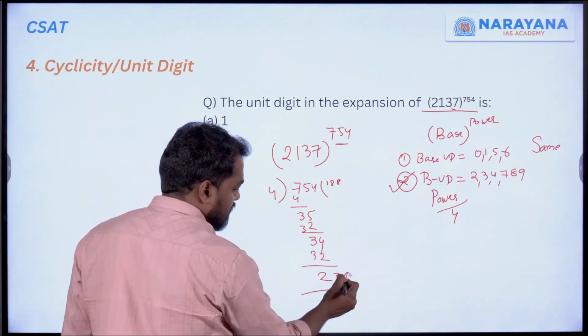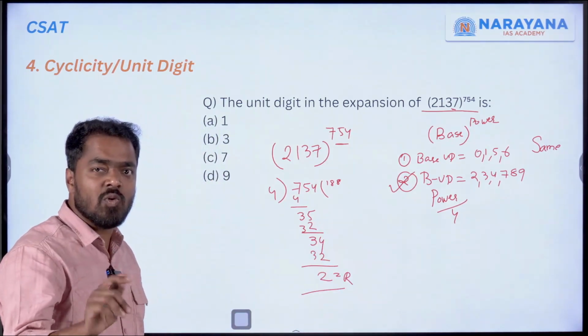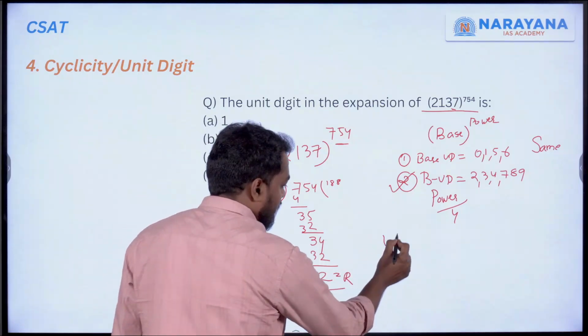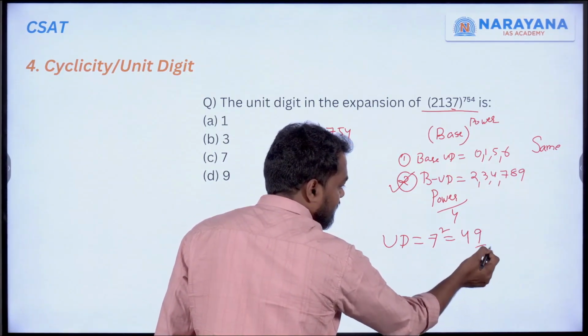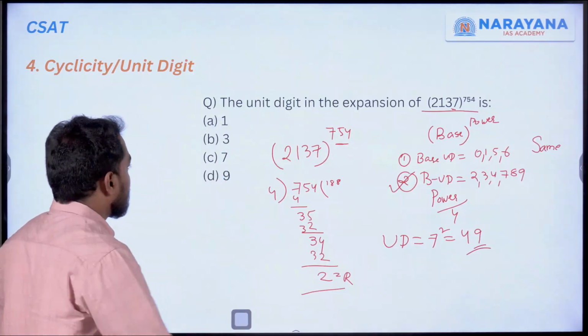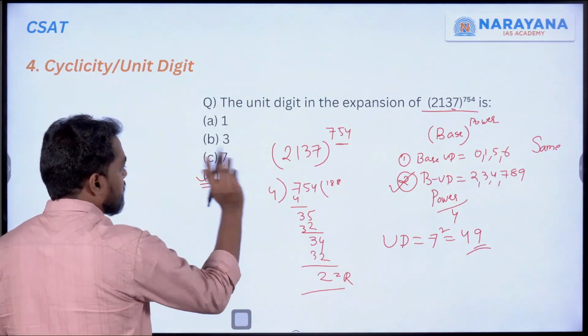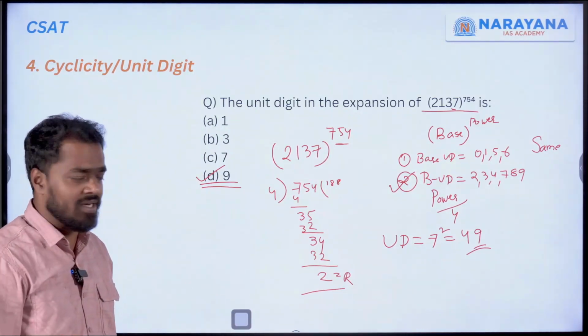Remainder is 2. If the remainder is 2, what is the unit digit? z square. So unit digit is 7 square, 49. So unit digit is 9. Option D. Understood? Very simple.